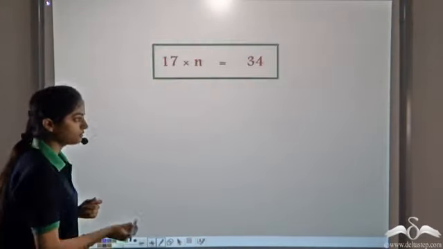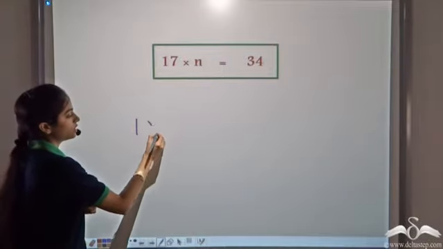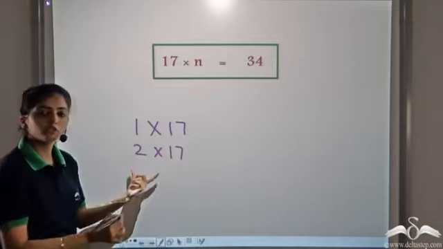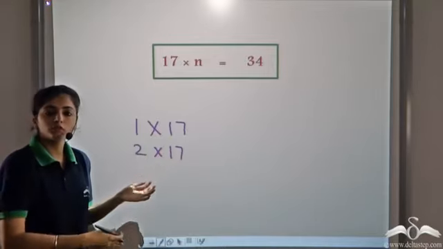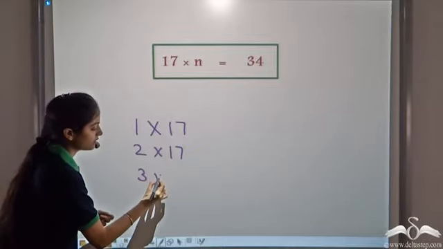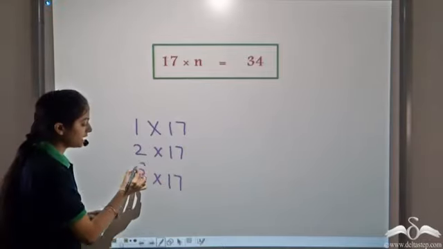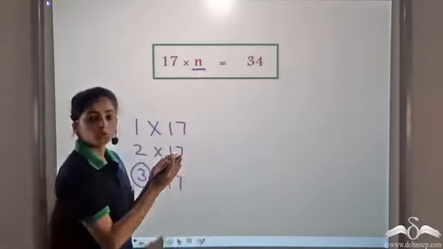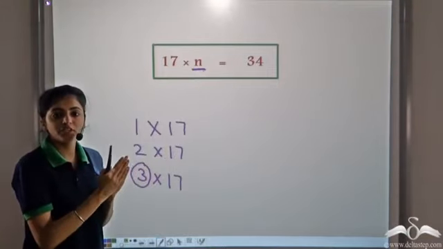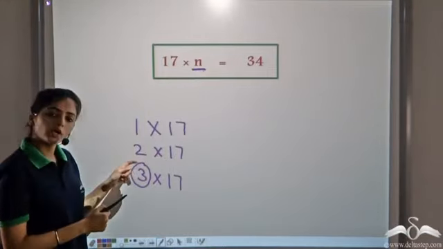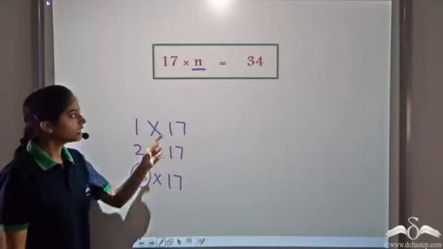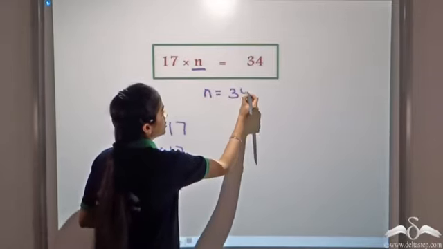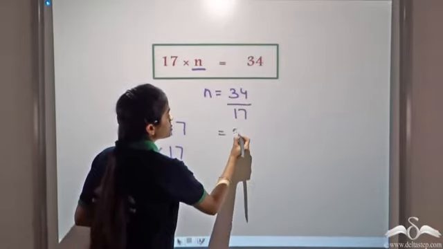Now, it's not very easy to check 1 times 17, 2 times 17, 3 times 17 and so on each time to find the molecular formula. We simply take n for this number, so as to calculate the total number of atoms of each species present. So in order to avoid using 1, 2, 3, 4 and so on, we use n. So from here, we get n is equal to 34/17, which is 2.